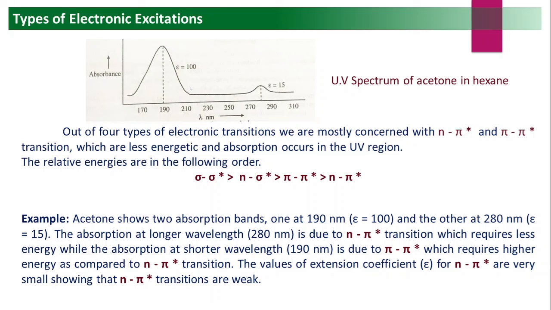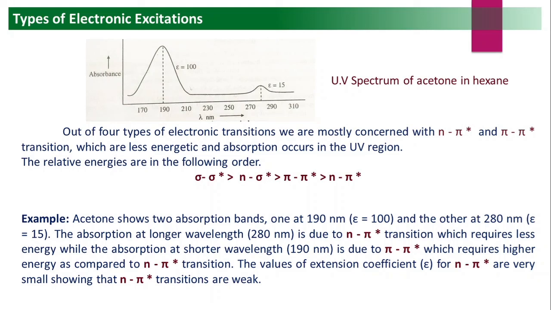The value of the extinction coefficient, epsilon, the molar absorptivity, for n to pi star transitions is very small, because n to pi star transitions are very weak. Molar absorptivity tells us the probability of the electrons showing these transitions. If the transition probability is high, then the epsilon value will be high.